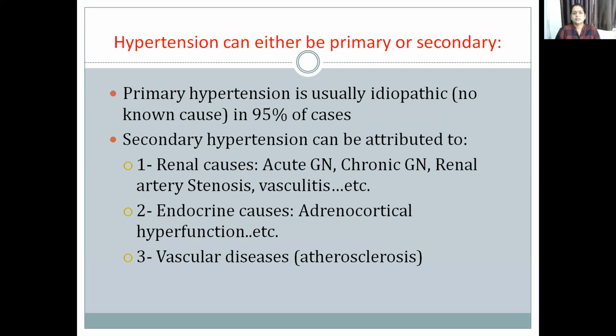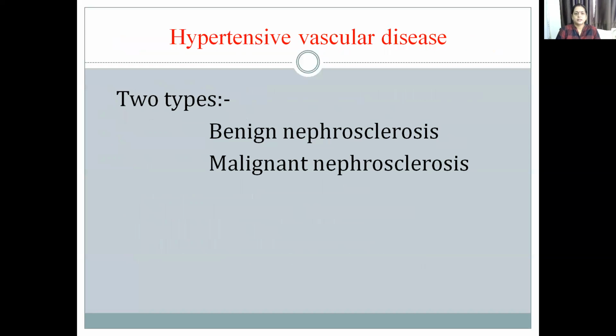Renal artery stenosis can occur as atheroembolic disease, or be caused by embolic foci from the heart, which obstruct the normal functioning of the kidney, thereby causing secondary hypertension. Also vasculitis.